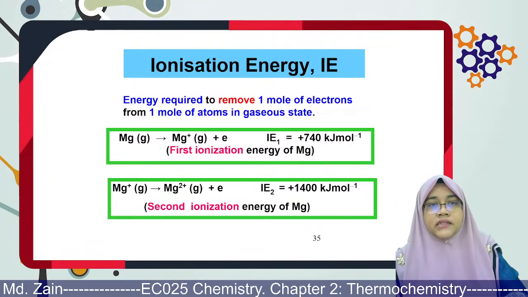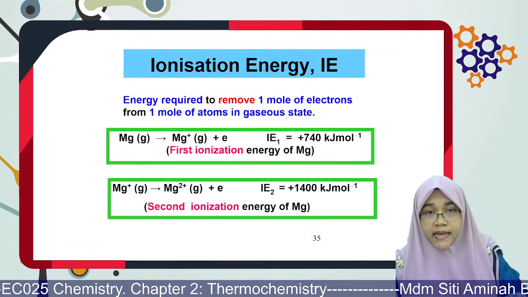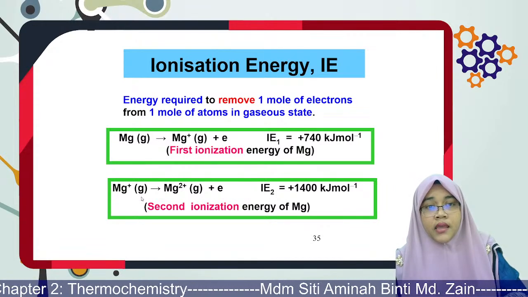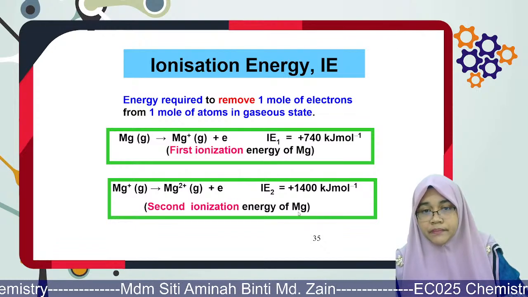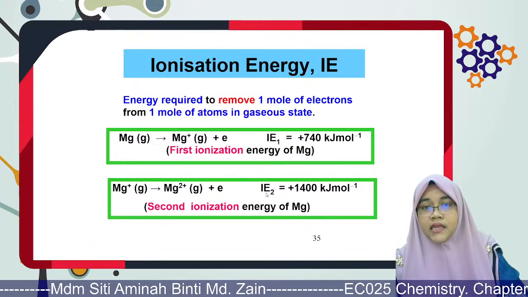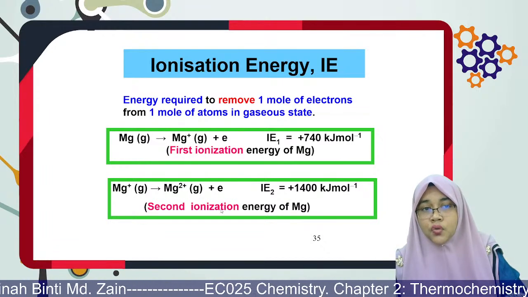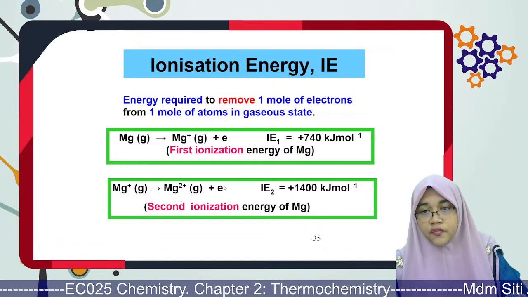So the second time an electron is removed from Mg+, because it has already changed to an Mg+ ion, this is what we call the second ionization energy. The second IE is 1400 kilojoules for Mg+ gas to release the second electron from its valence.